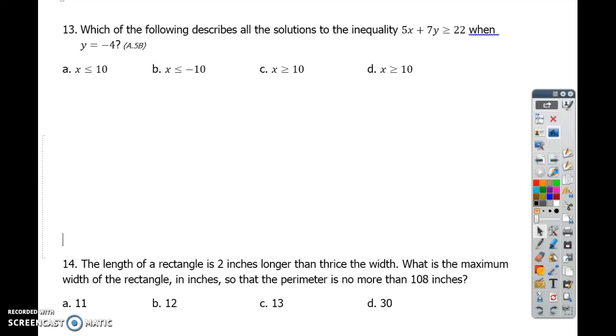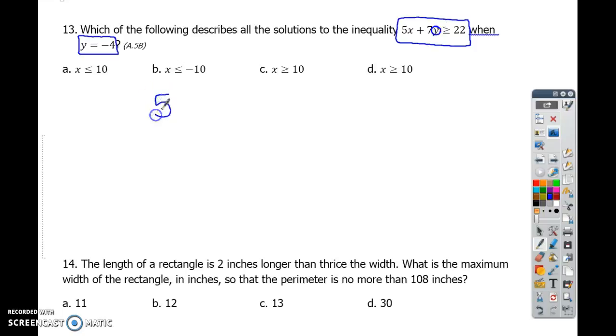Okay, so now we're looking at problem number 13. It's saying which of the following describes all of the solutions to the inequality 5x plus 7y greater than or equal to 22 when y equals negative 4. So I have to substitute negative 4 for y. You're going to put negative 4 in there, but it has to be in parentheses.